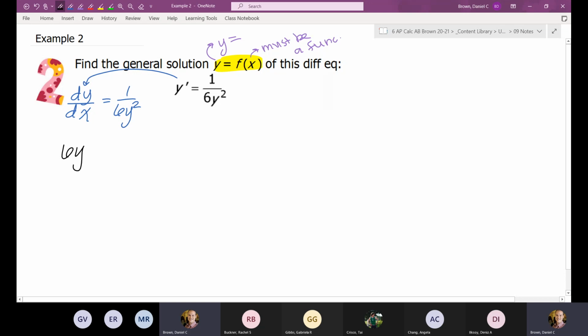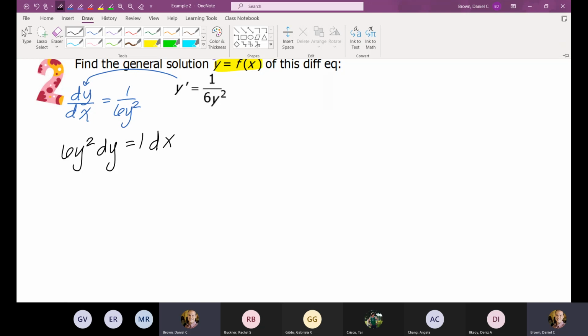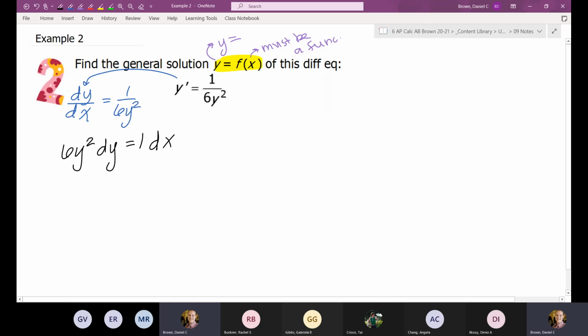So I have 6y squared dy is equal to 1 dx. As a disclaimer again, if you wrote yours as y squared dy is equal to 1/6 of dx, would that technically be wrong? No, you've separated. Would you want to do that one probably? No, let's avoid the fractions and do the easier one.